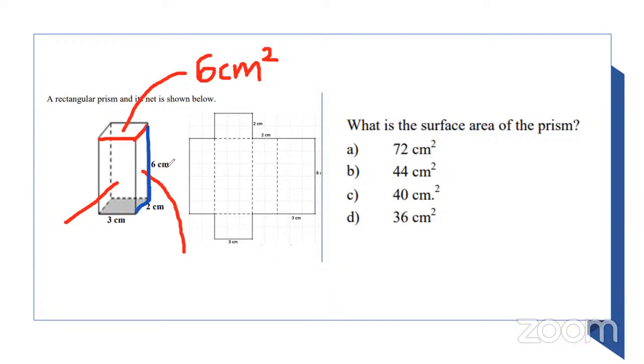So it means then that this side dimension is what? 6 centimeters times 2 centimeters, which is 12 square centimeters. Thank you, Tamar, and thank you, Melita. 12 square centimeters. Let me go ahead and write that.